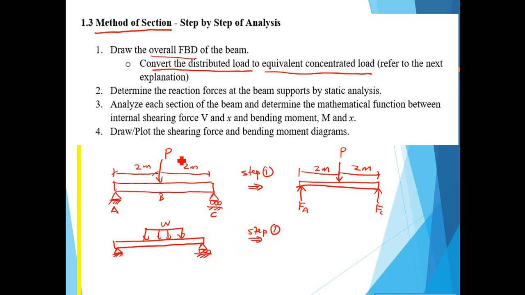This is the case of concentrated load, so no need to convert. But if you have distributed load, you convert the distributed load into concentrated load. So you will have FA, FC, and FW.